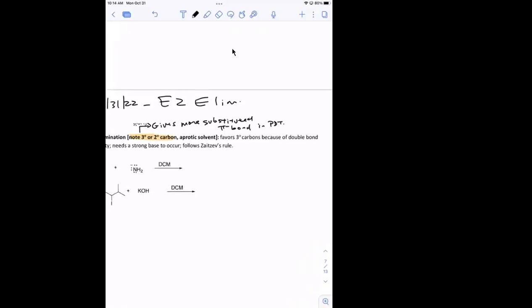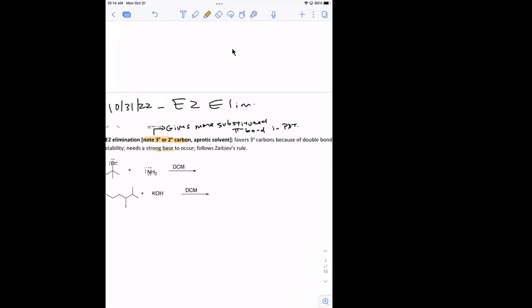All right, you need to do this in an aprotic solvent. That's on purpose, because you also need a strong base. You need a strong base to do this reaction. Any E2 elimination is going to require the use of a base. I sent an E2 video that talked about the different bases, and it's a very nuanced discussion differentiating a base from a nucleophile.